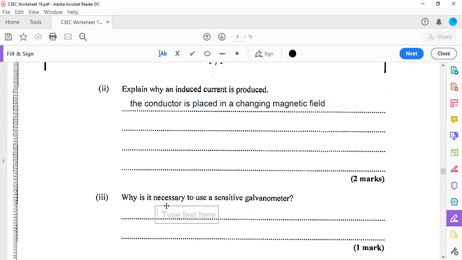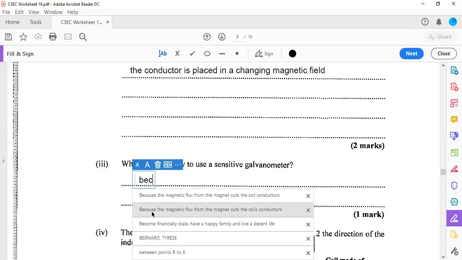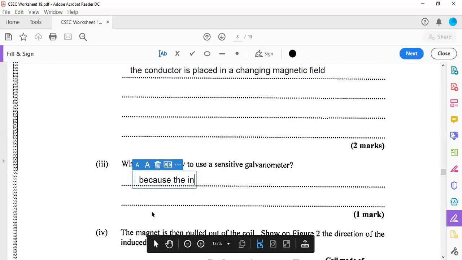Explain why it is necessary to use a sensitive galvanometer.